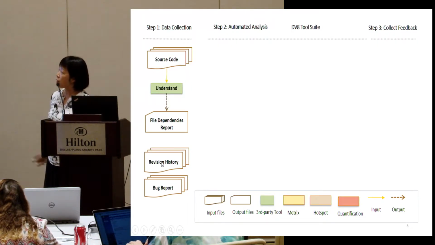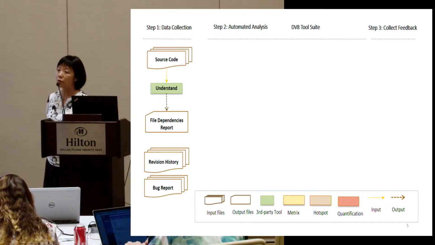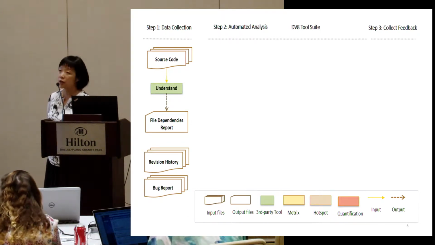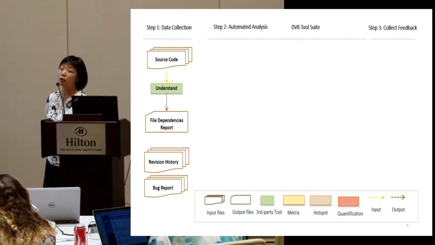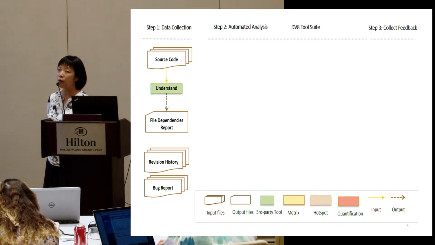For now, given the source code repository, we first use Understand as our preprocessor to process and generate the dependency information within the source code, so that we don't need to worry about which programming language we are dealing with, right? We leave that to Understand. Understand will output a general XML file with all the dependency information.